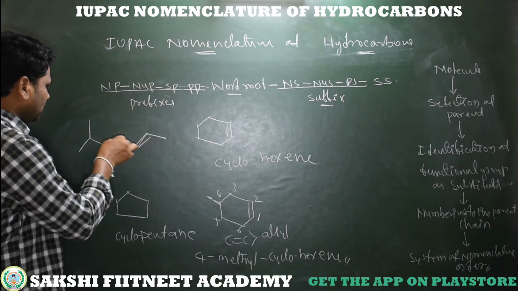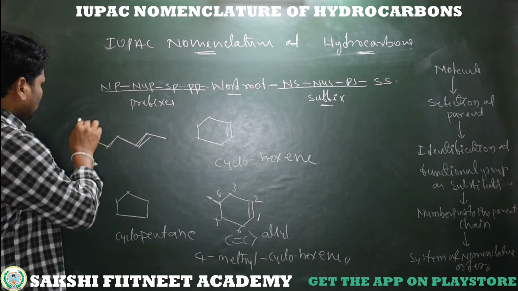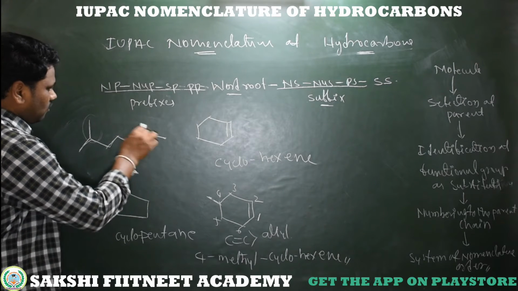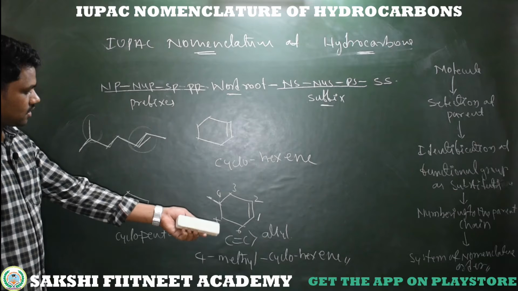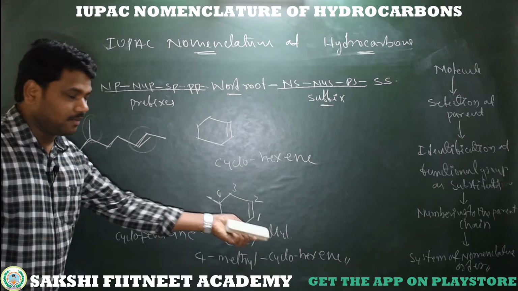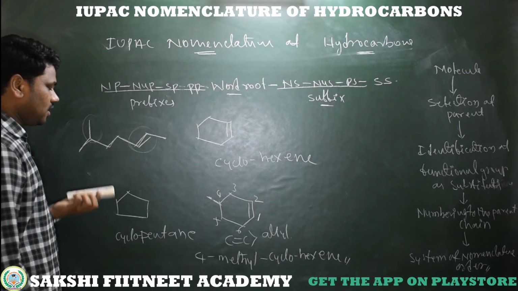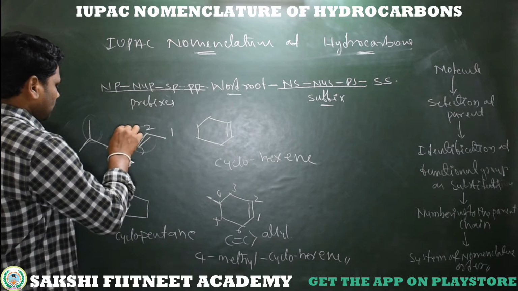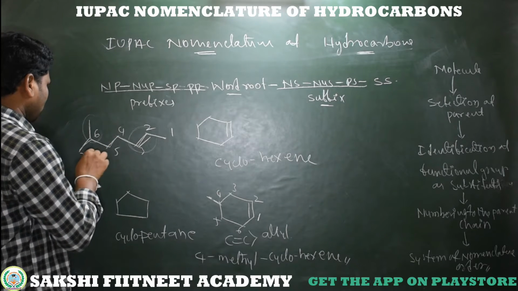I am selecting this as the parent chain. At this position we have a methyl substituent. Here we have unsaturation. Just now we discussed unsaturation shows more priority compared to an alkyl group. That means the CH3 group. So numbering is done from right to left. 1, 2, 3, 4, 5, 6, 7.